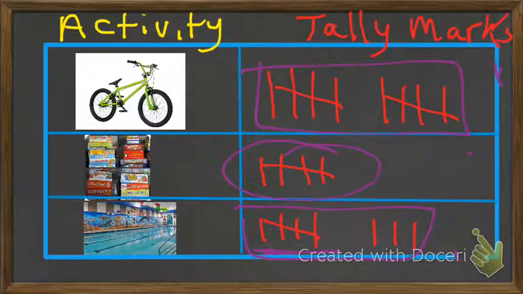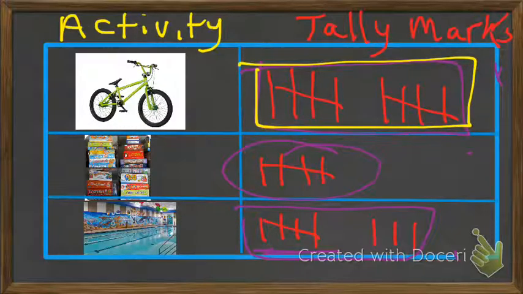So let's say we did that, and these are our results. We're just going to make it up here. But let's say we had this number of people. We use the tally marks, as you can see here. We'll say 10 people say that they enjoyed riding bikes more than the other 2 activities.